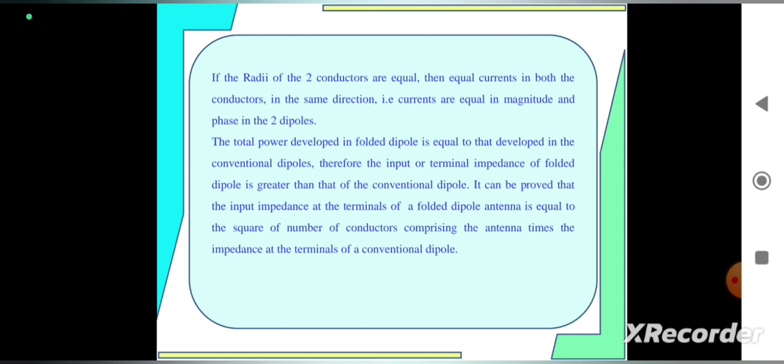Thus, for a three-wire folded dipole antenna with equal radius, the input impedance or radiation resistance is Z is equal to R is equal to N square into 73, where N is equal to 3. So substitute 3 square into 73, 9 into 73, finally we get Z is equal to 657 ohm.